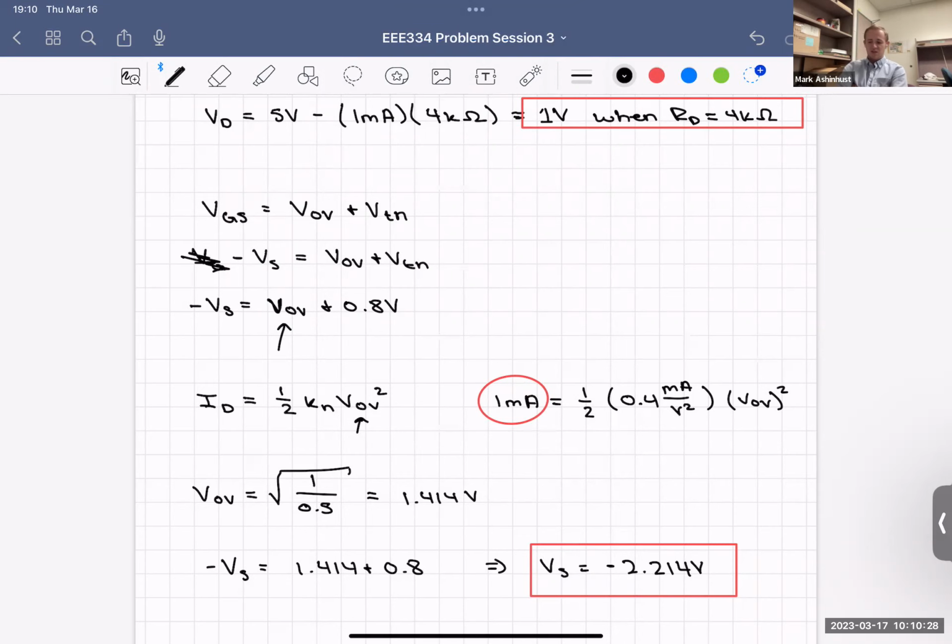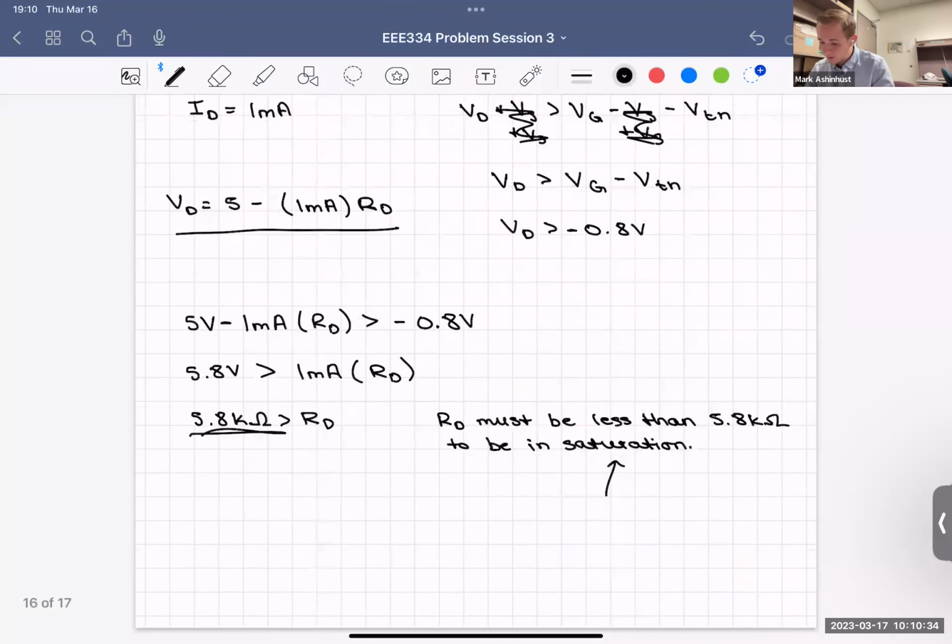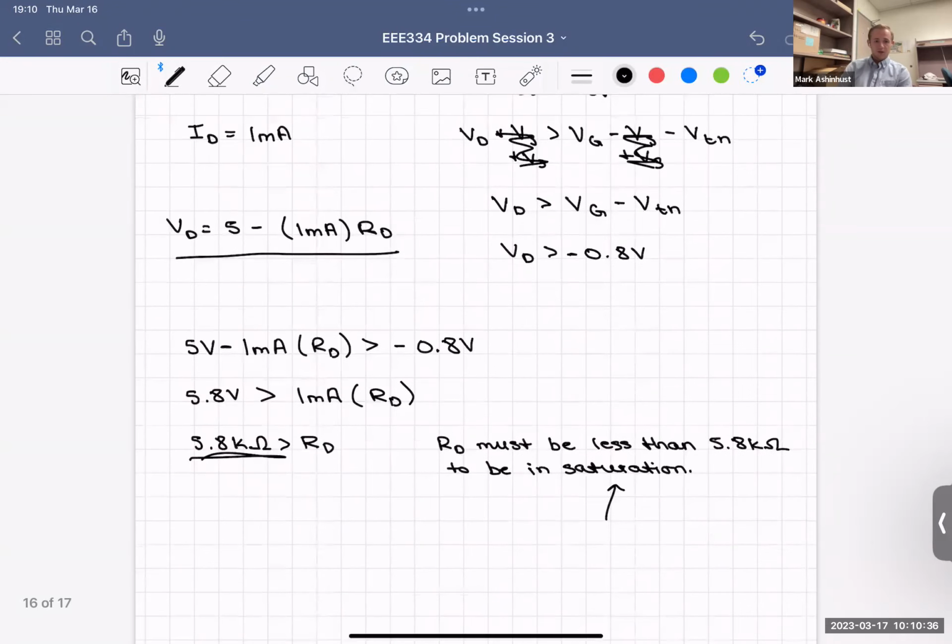Say it was 5.76 kilo ohms. I know it's in saturation because it's less than 5.8. So it helped out. So I didn't need to think, is it in saturation or is it in triode? I knew it was in saturation. That's why I solved for what RD has to be first. I did that first. So it's a different way to think about it.